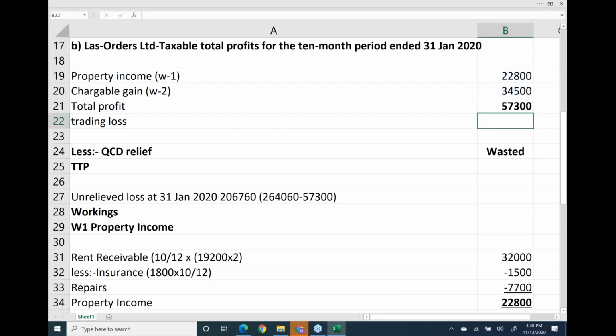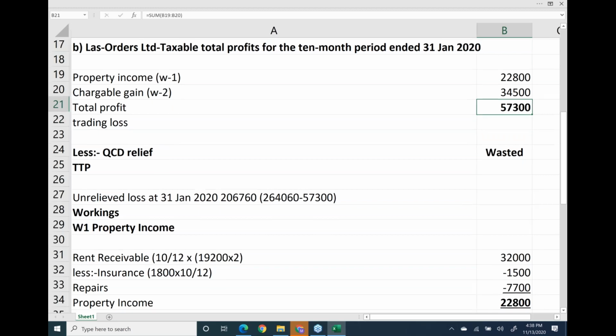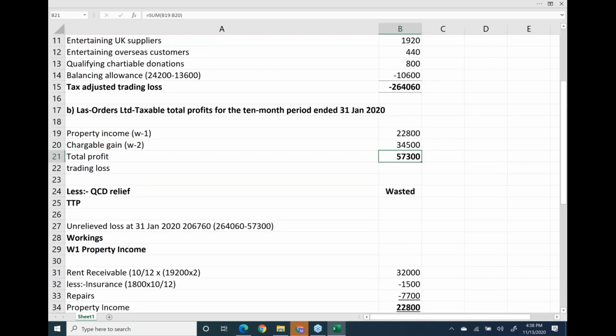Now, how much loss was available to you? Check the screen. It's in front of you. 264,060 is your tax adjusted trading loss. You can easily set off the total profits, and you cannot do any planning in it. If you want to do current year set off, just do it completely.